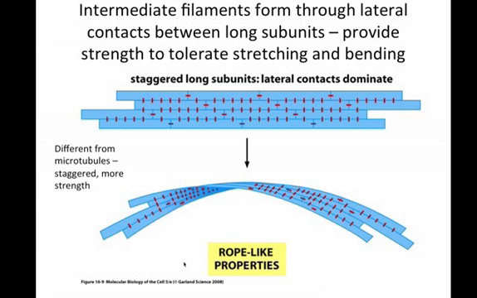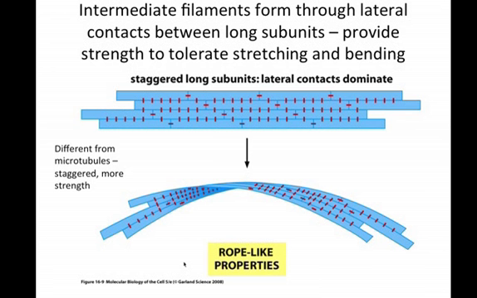No. Our cells need to be able to handle stretching and pressure, and we need strength, and our cells need to form into organs that can handle different pressures, and a lot of that comes from the properties of intermediate filaments.